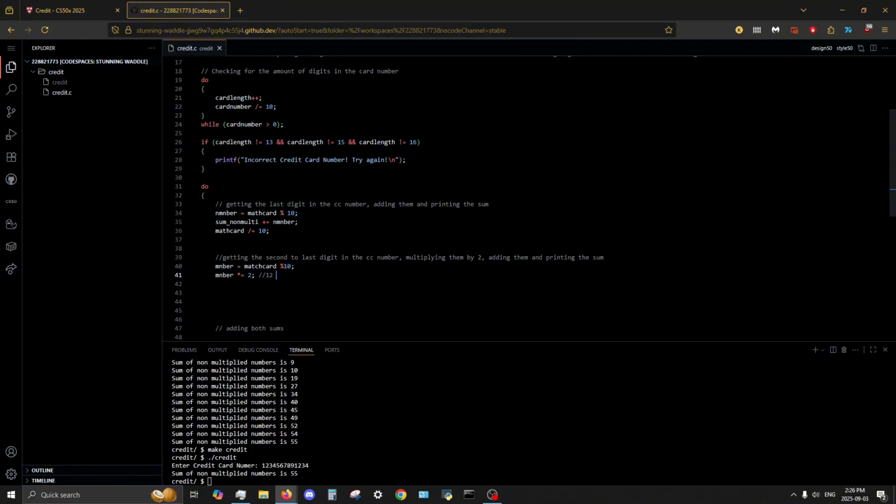If I do the 10% thing, I'll get 2. Right? So that will be one number. How do I get the 1? 12 divided by 10? Because it's an integer, it's only going to return 1.